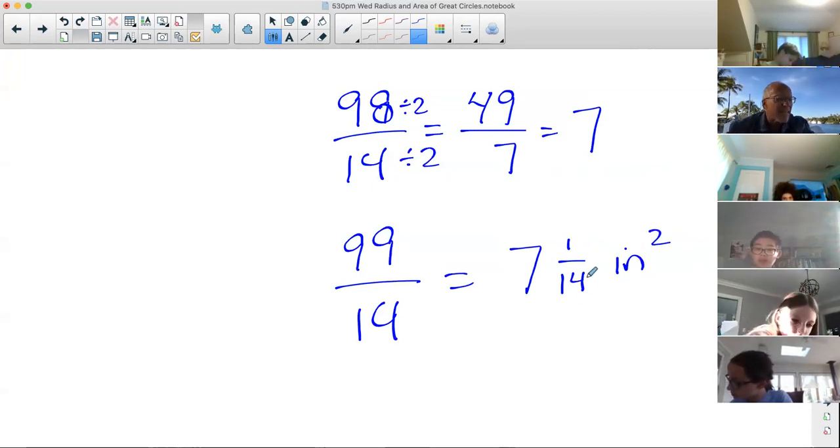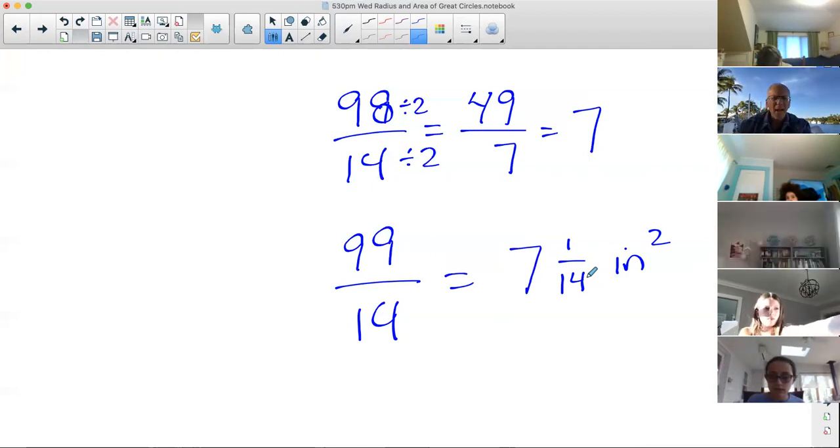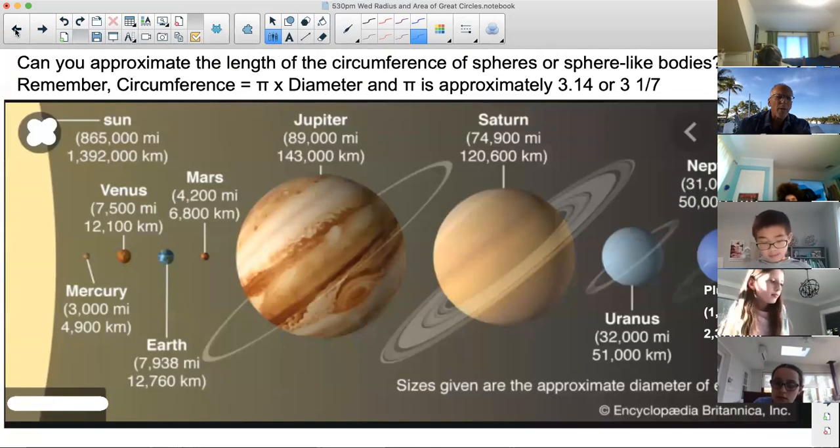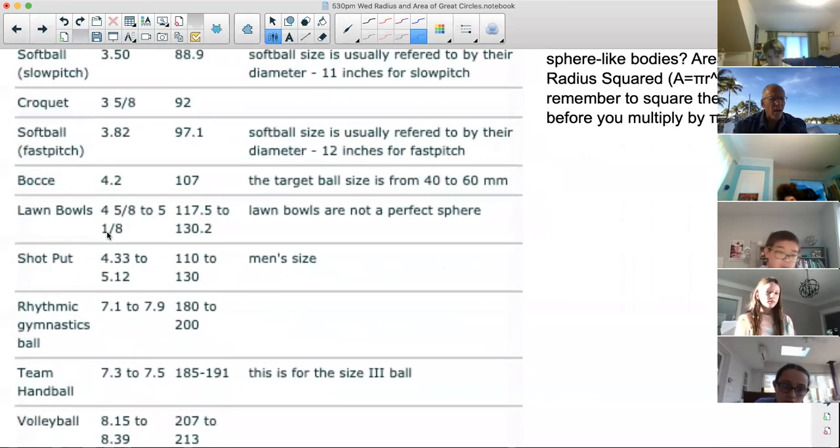So if you look at the great circle of a baseball, you will see 7 and a tiny bit more square inches. Now, the last one that I want to do before we get to our planets is a soccer ball.